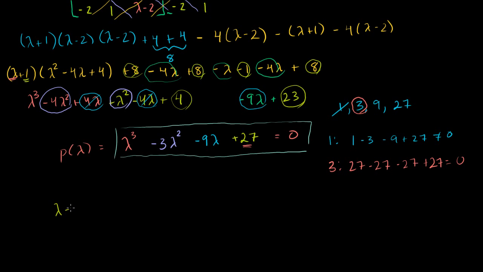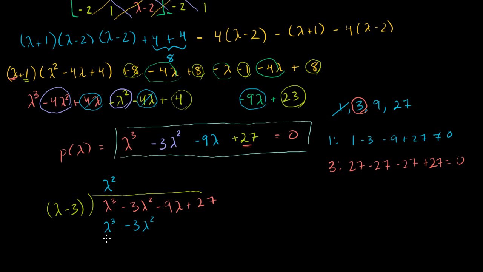If I take lambda minus 3 and divide it into lambda cubed minus 3 lambda squared minus 9 lambda plus 27, what do I get? Lambda goes into lambda cubed lambda squared times. Lambda squared times lambda is lambda cubed. Lambda squared times minus 3 is minus 3 lambda squared.